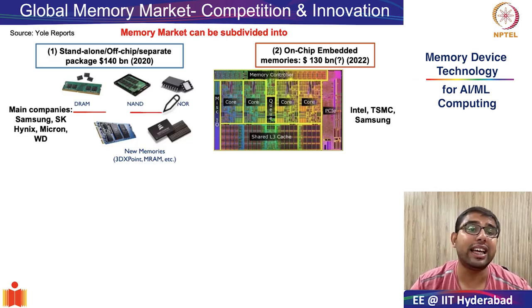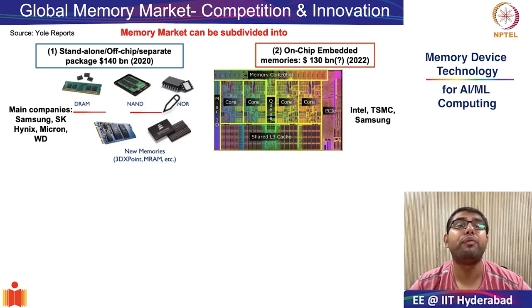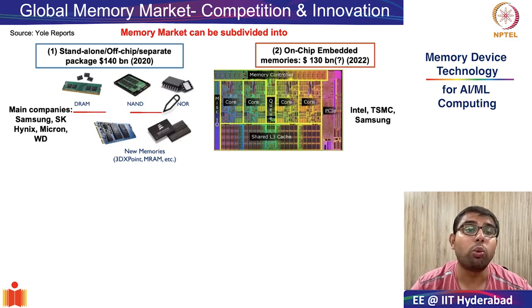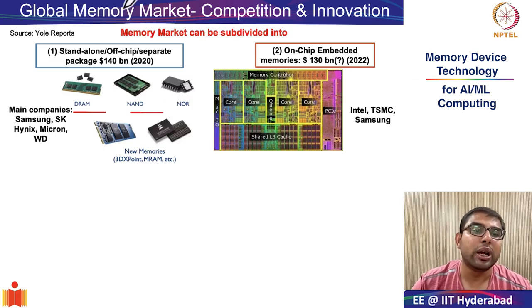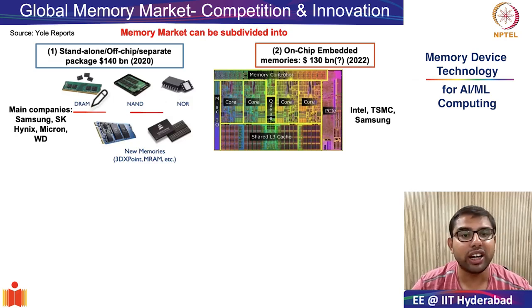And this is roughly worth 140 to now almost $180 billion. And the main companies that captured this space are Samsung, SK Hynix, Micron, and WD, who are manufacturing the latest DRAM and NAND flash technology. However, we have to recognize that there is an on-chip memory component also.